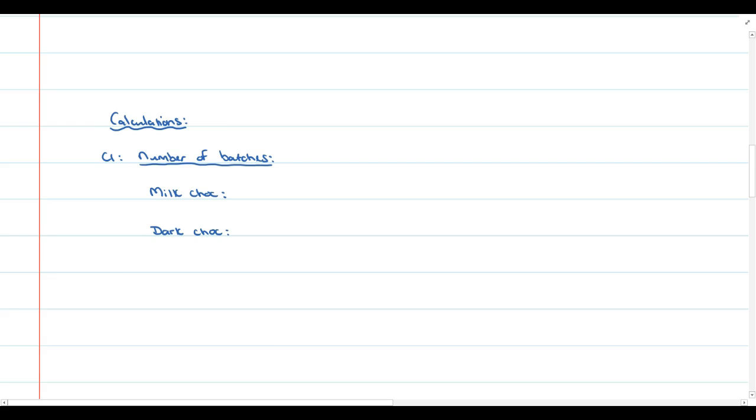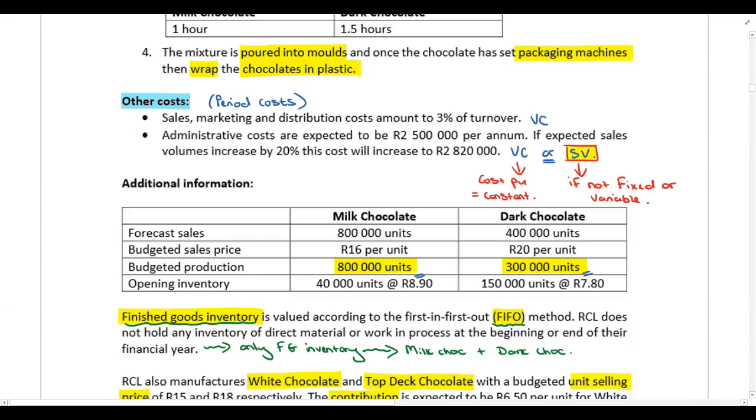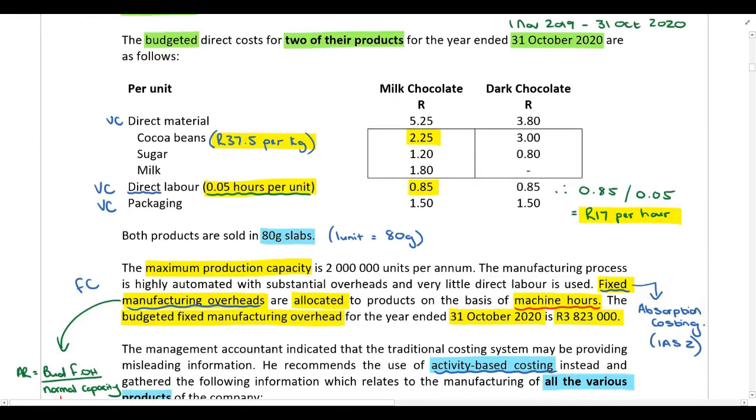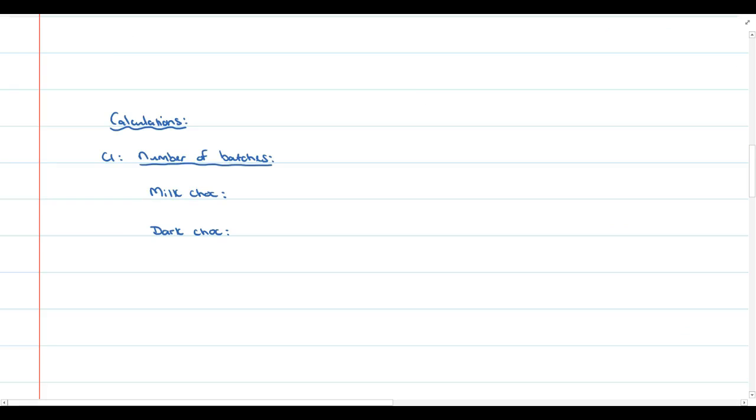All right, so for milk chocolate, the cost of cocoa beans per unit is 2.25 Rand, and the cost of cocoa beans per kilogram is 37.50 Rand.